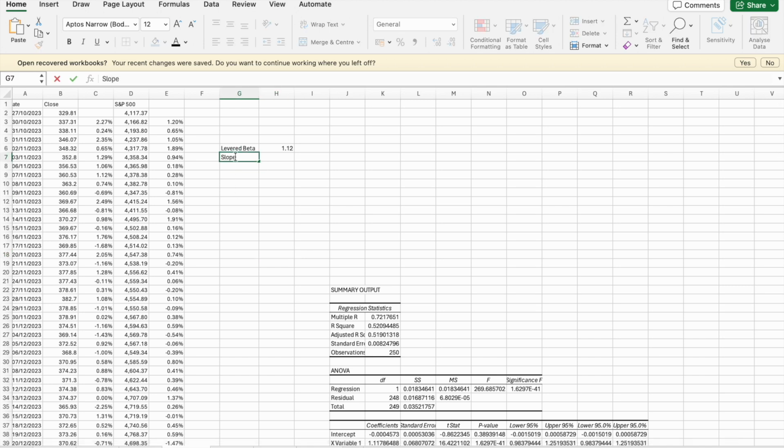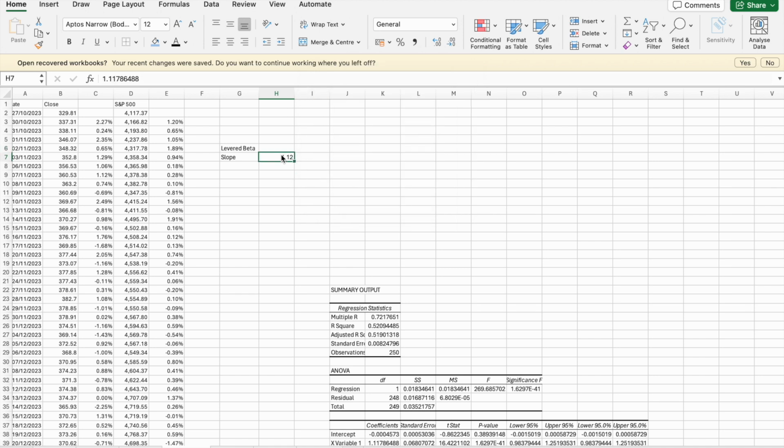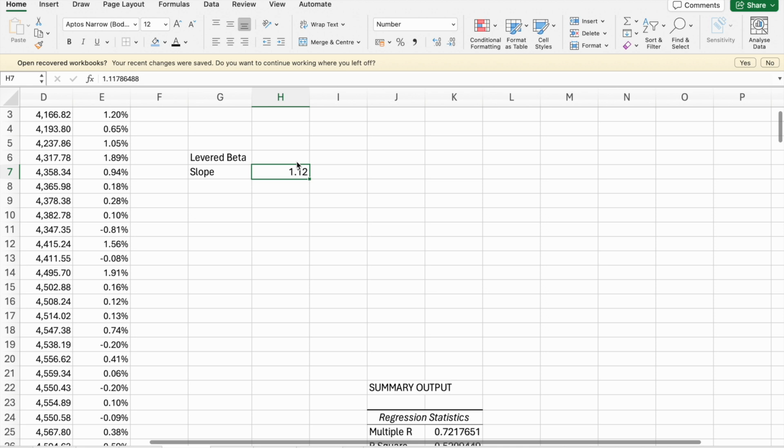So to verify our beta is quite right, beta and slope are quite the same, so we are going to get the slope as well, because when we run linear regression we get a slope, which is kind of like beta. So to verify our beta is right, we are going to do a slope analysis for this.